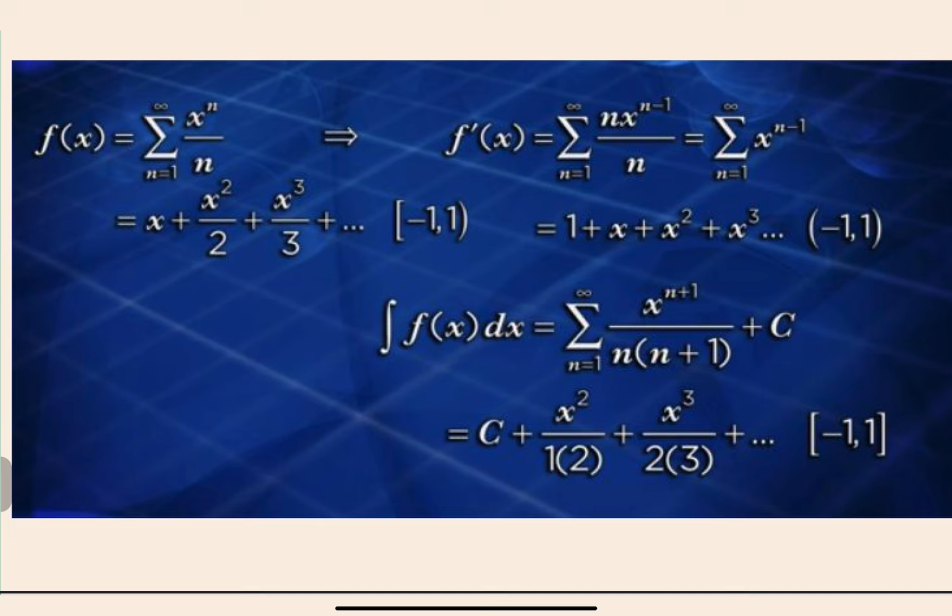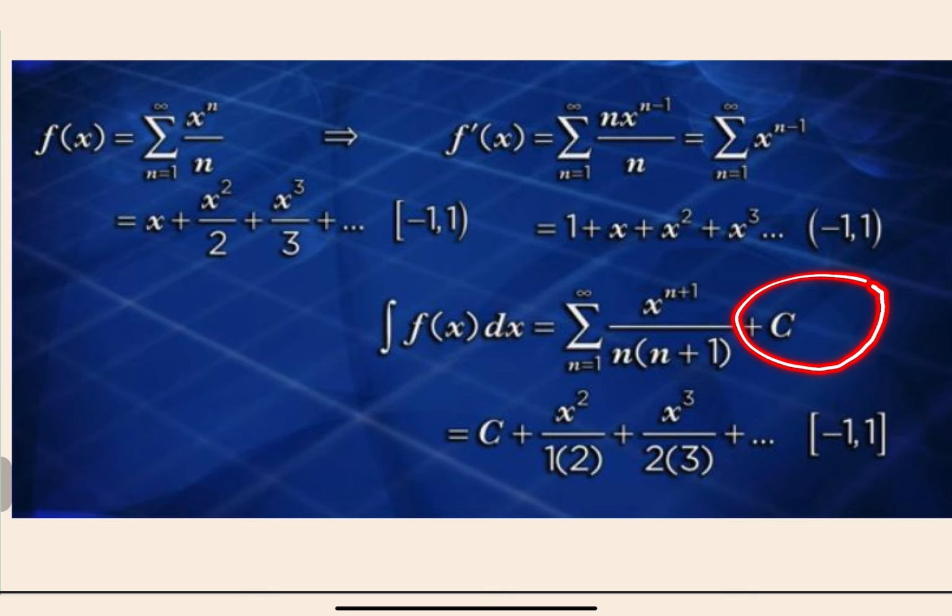And we already have an n in the denominator. So we get the summation n equals 1 to infinity of x to the n plus 1 over n times n plus 1. And there's an arbitrary constant here that won't affect anything.